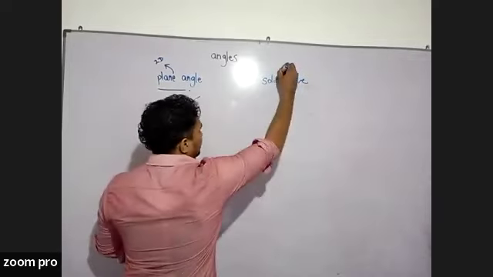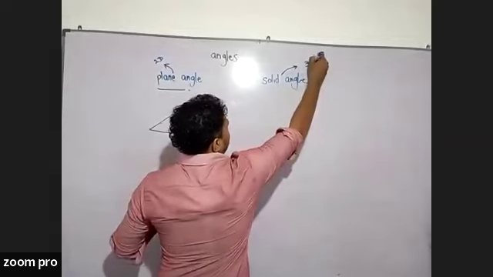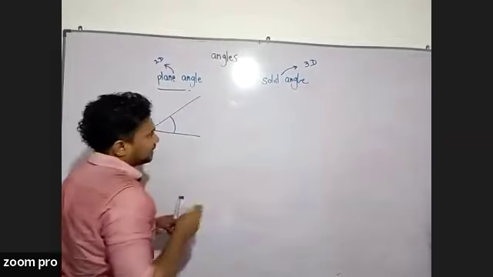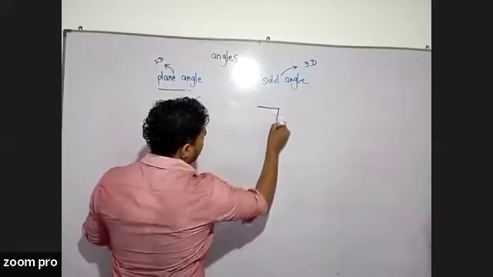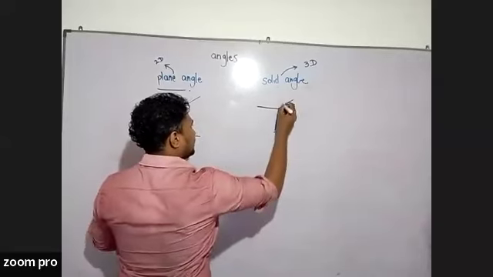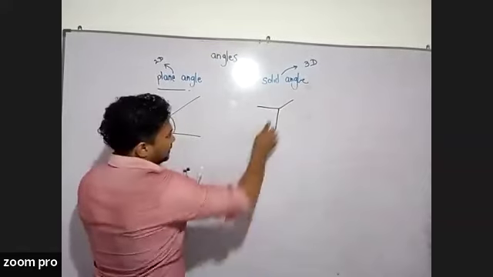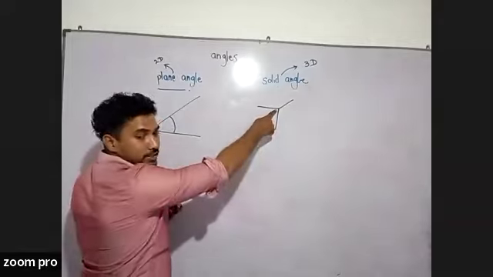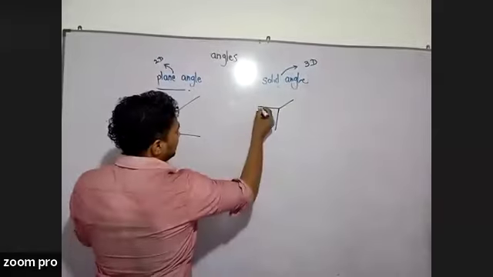When we consider solid angles, guys, it is a 3D angle. Let's take as an example the edge of a table, right? This is the edge of the table, right? So this angle is built up using three planes.